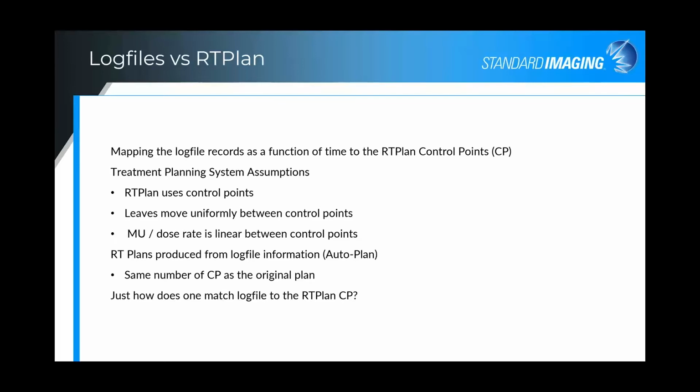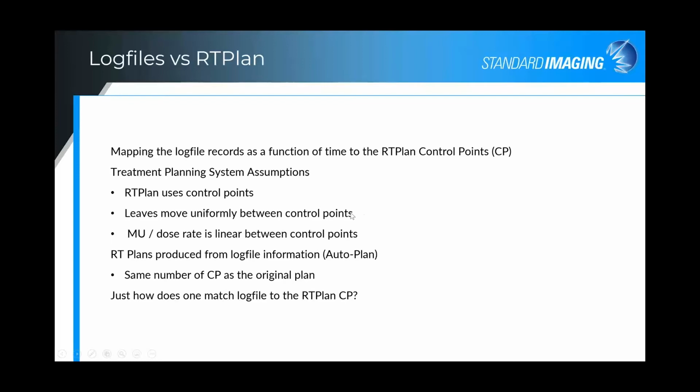So, are the leaves really moving uniformly between those control points or not? And then, of course, that the dose rate is linear between control points as well.